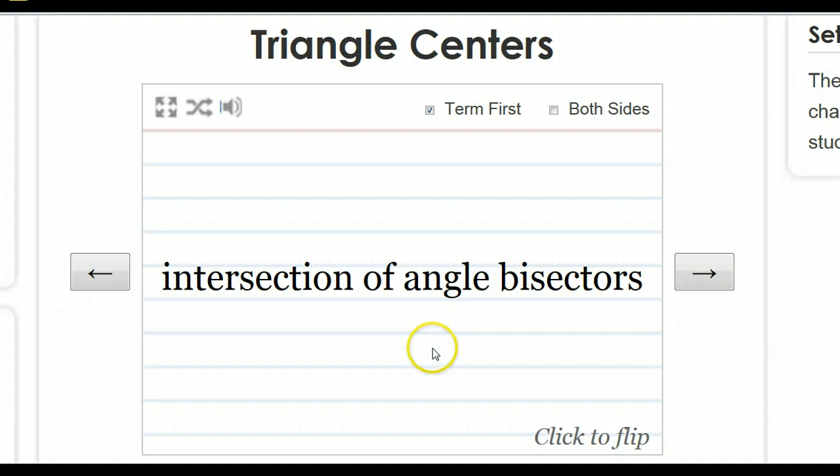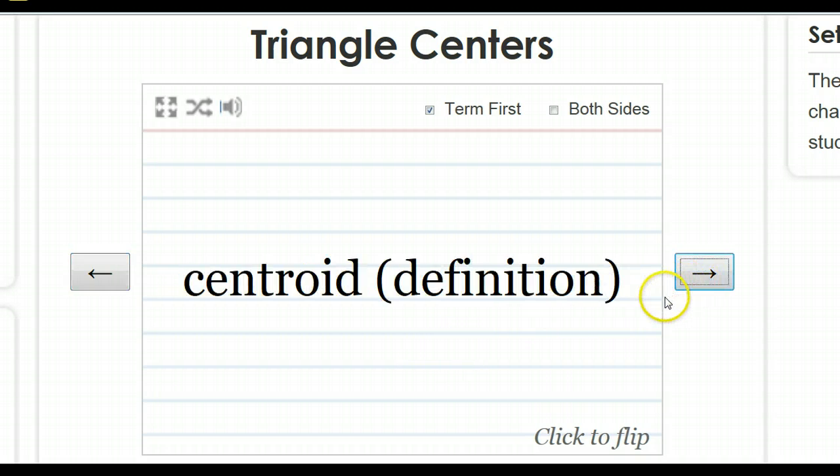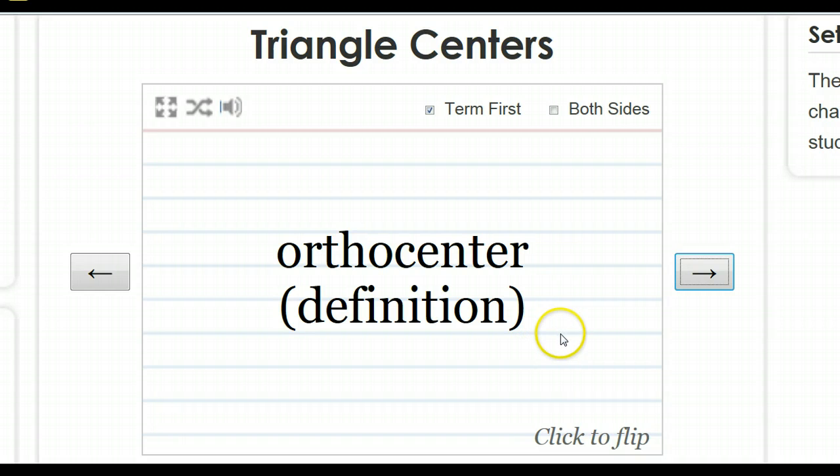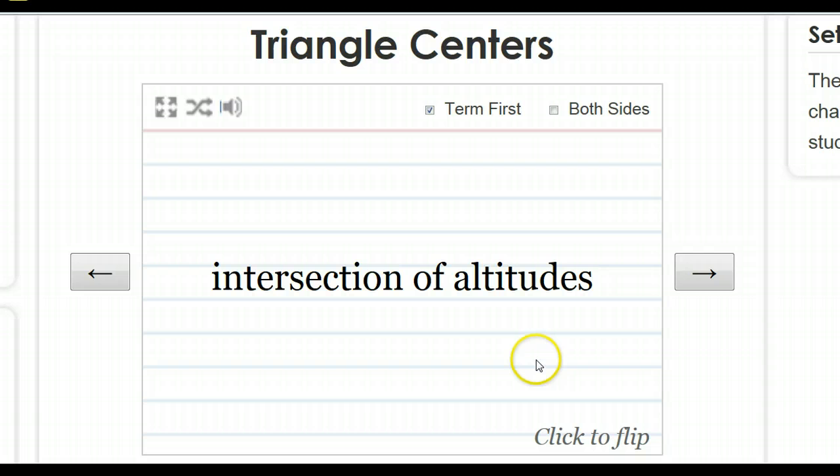That's the intersection of angle bisectors. What's the definition of centroid? That's the intersection of medians. What's the definition of orthocenter? That's the intersection of altitudes.